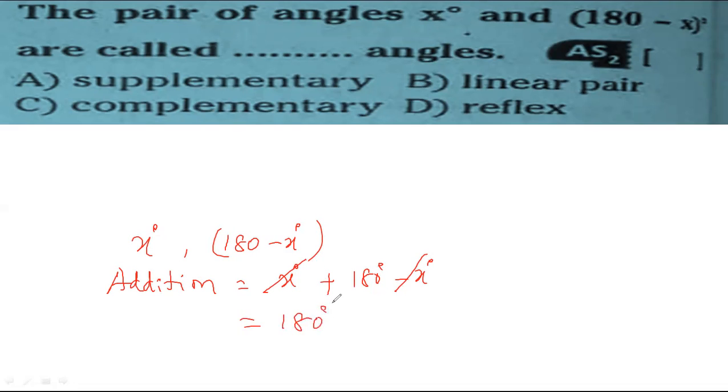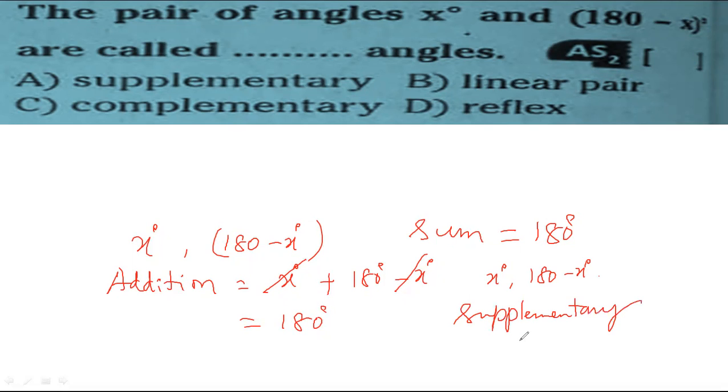Answer is 180 degree. So it means sum of two angles, I got it as 180 degree. So x degree and 180 minus x degree are called supplementary angles. So option A is correct.